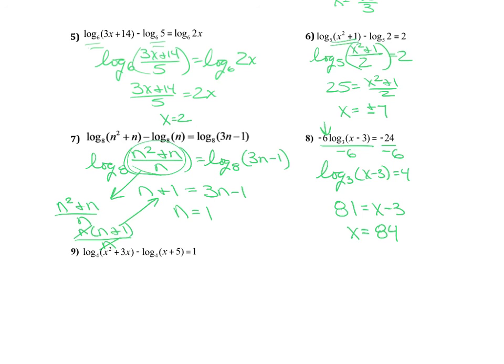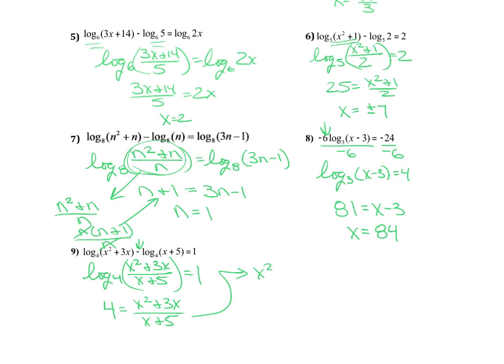Final problem. Again, we are dividing because there is subtraction. Convert it from logarithmic form to exponential form. Cross multiply, and it turns into a quadratic, so we have to set it equal to 0.